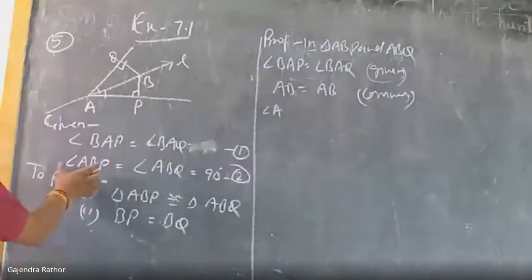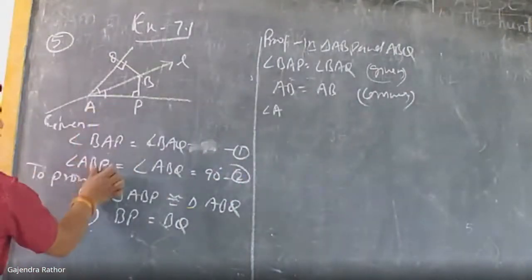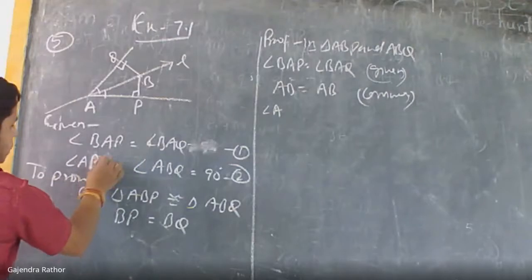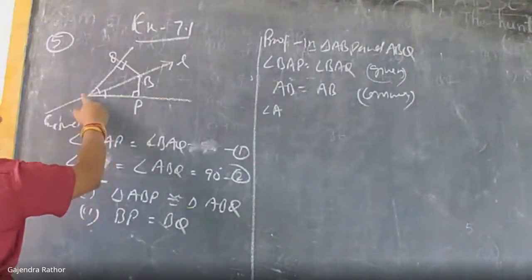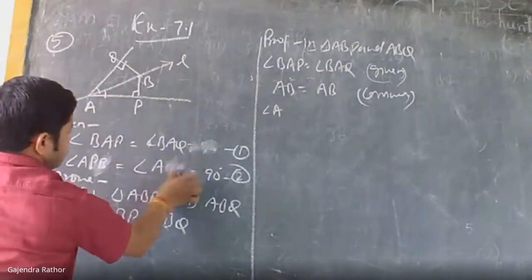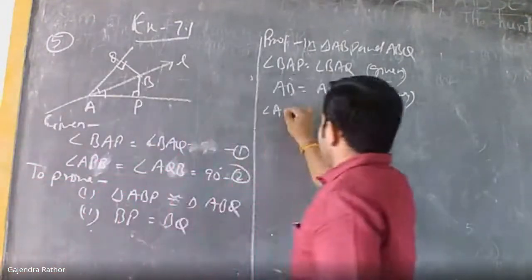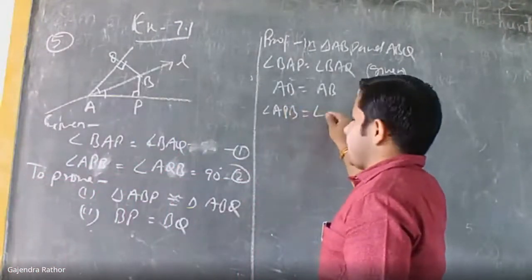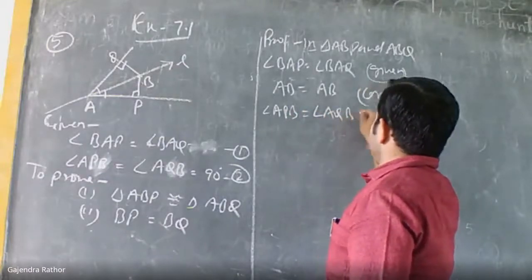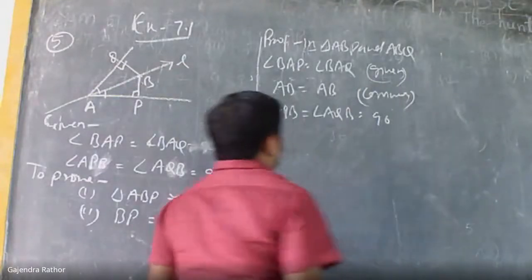I think I got the angle wrong. Angle APB is equal to angle AQB is equal to 90 degrees.